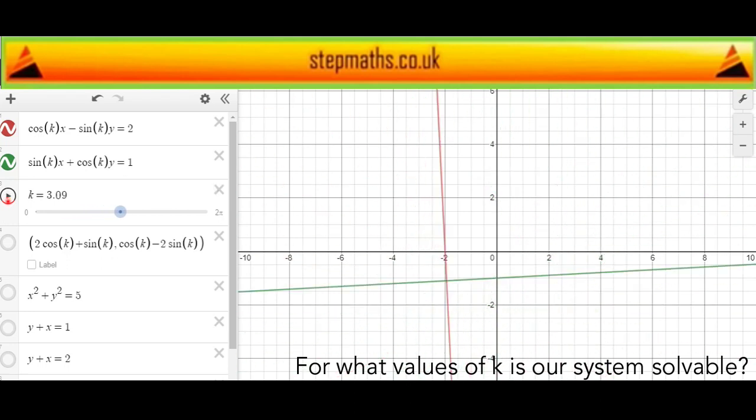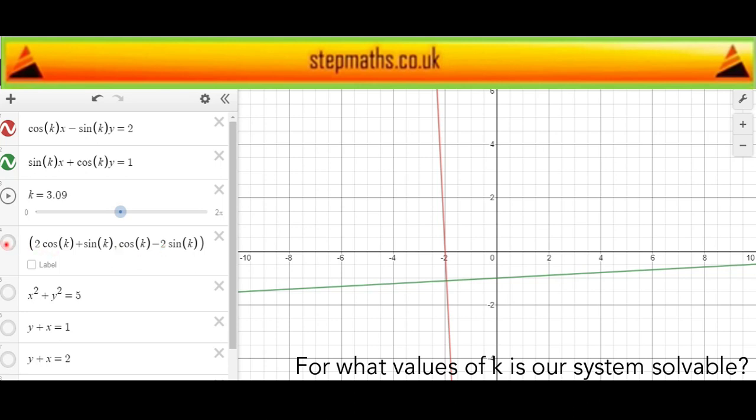However, looking at this, you might have noticed something, that this intersection point seems to move in a strangely nice pattern, and indeed it does. Algebraically we showed in the solution video that the intersection point of these two equations is this, which is parameterized by k.